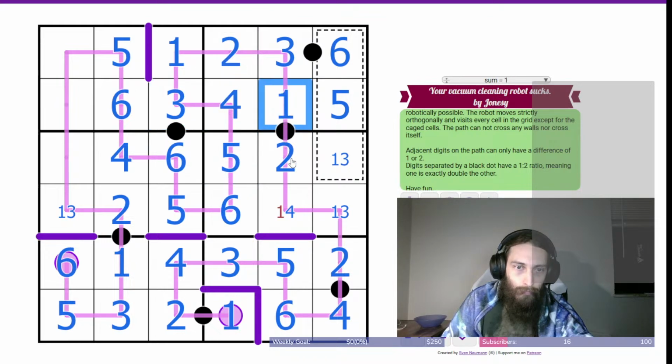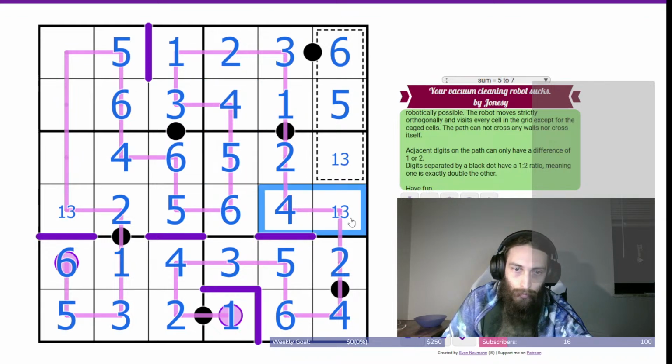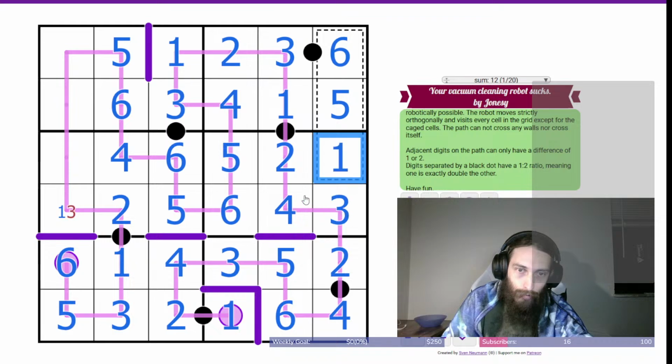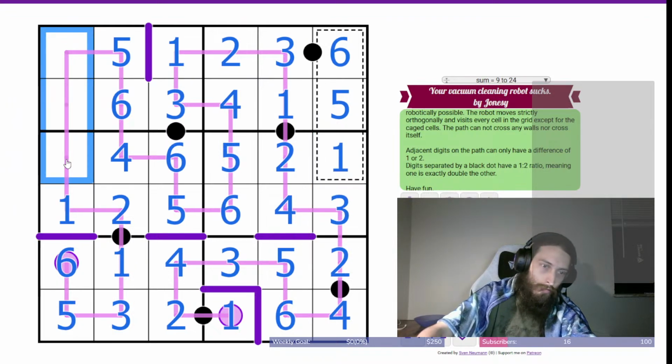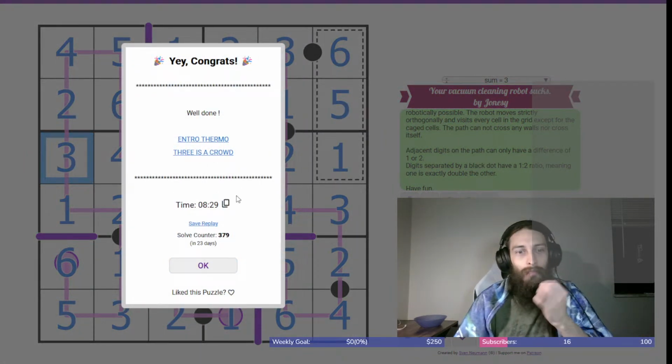Right. And I think 5 couldn't go to 2 anyway. 4 can't go to 1, that's a difference of 3. Well, 3, box 4. Yeah. Alright.